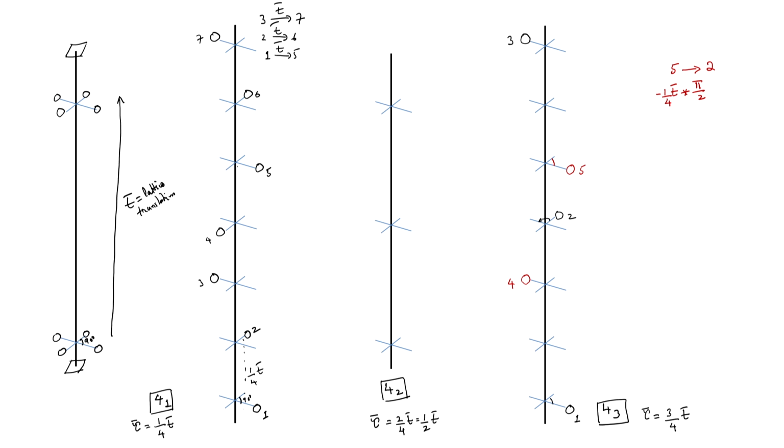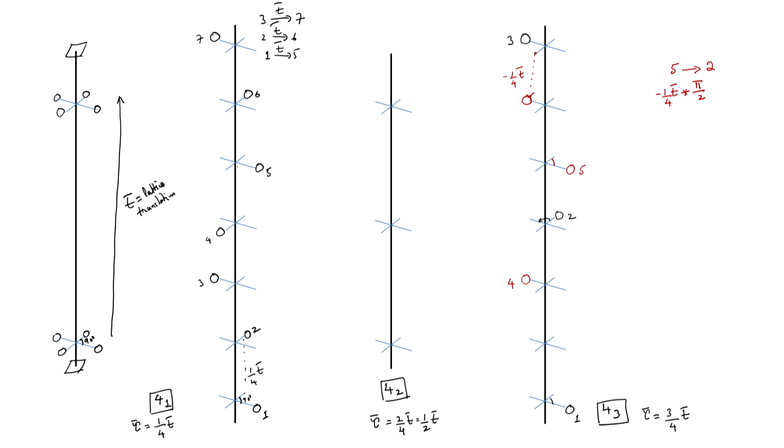So, which means that I can take motif number 3, rotate through 90 degrees, I come here and then move down by minus 1 upon 4 times t to bring the motif at this position.